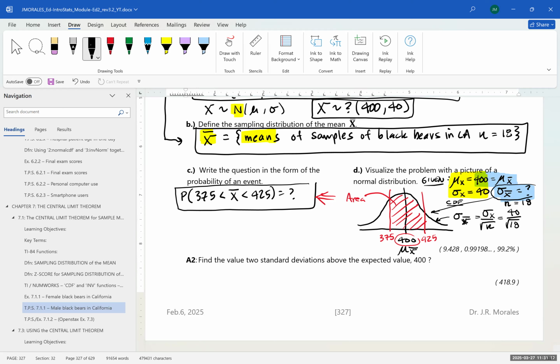And we can plug 40 divided by the square root of 18 into the calculator. Let's go ahead and do that.